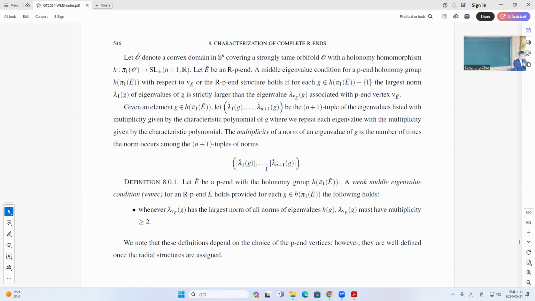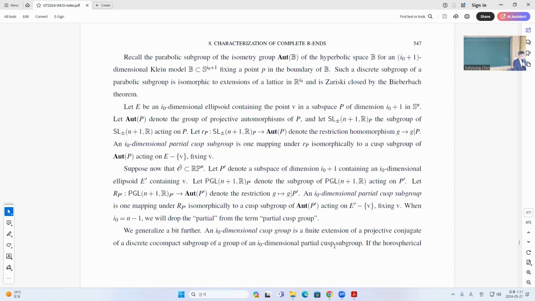So we list for every eigenvalue these values, and the weak middle eigenvalue condition is that whenever this is a largest norm, then it has to have multiplicity at least bigger than 2. That means there's something associated with it which is not in the direction of the vertex. Okay, so that is the weak eigenvalue condition.